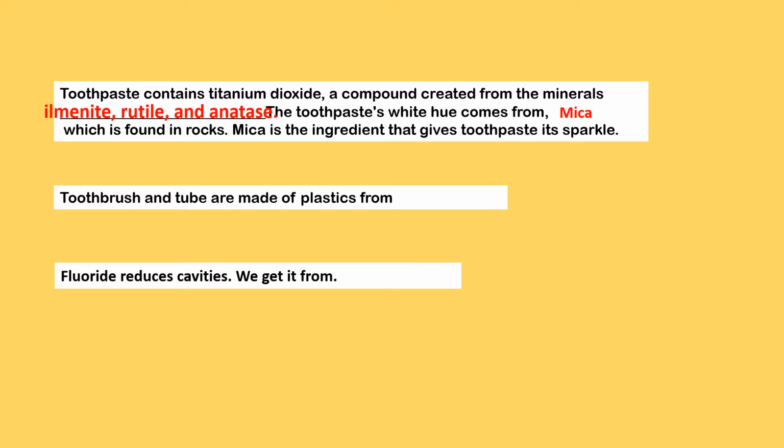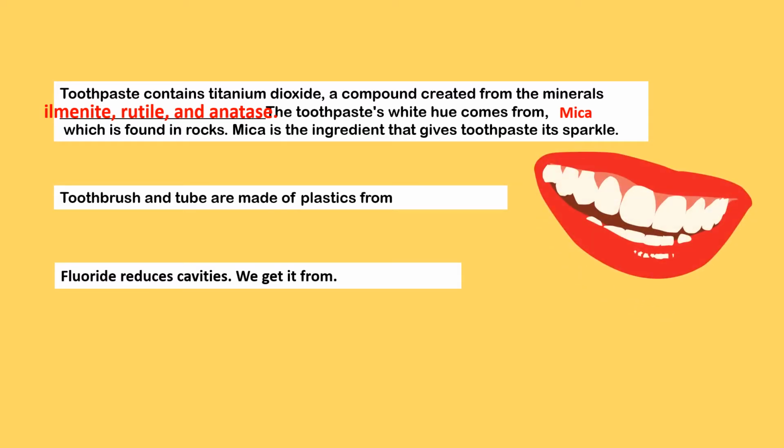Mica is the ingredient that gives toothpaste its sparkle and also to the tooth. Toothbrush and tube are made of plastics from petroleum. Fluoride, which reduces cavities, we get it from fluorite.